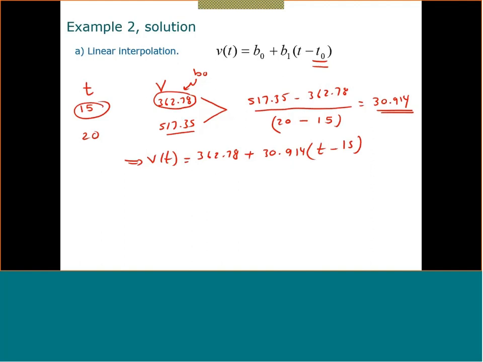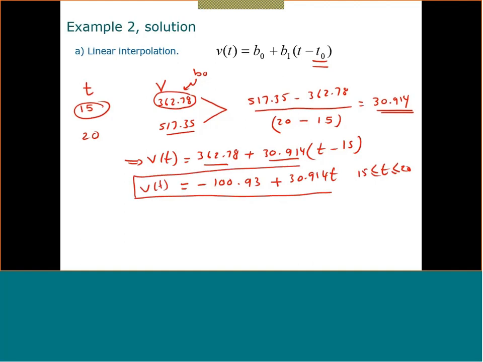Now, if I open these terms, this plus 30.914 times minus 15, I will get minus 100.93 plus 30.914 t, valid for t between 15 and 20. And this is exactly the same formula we had when we used the direct method. So yes, the format is a little bit different, but we got exactly the same formula.